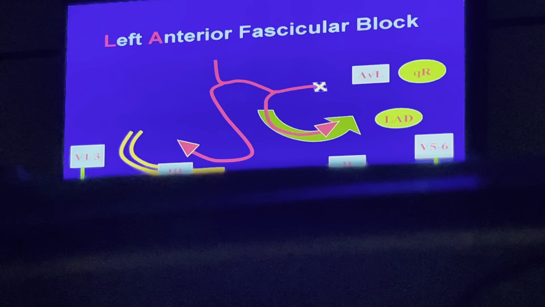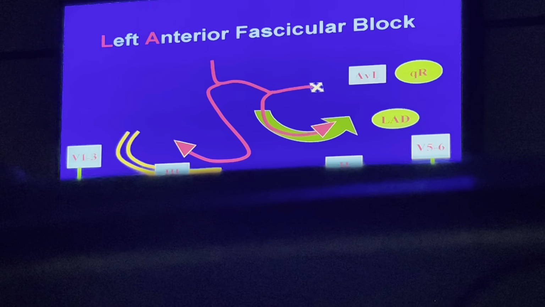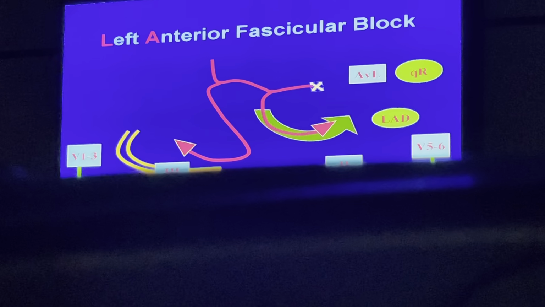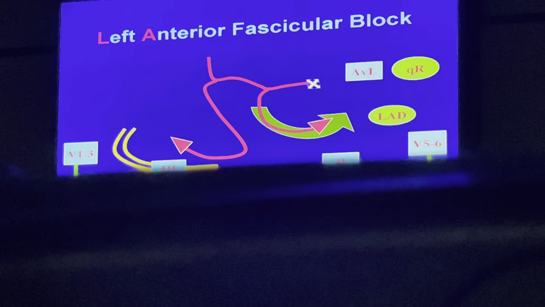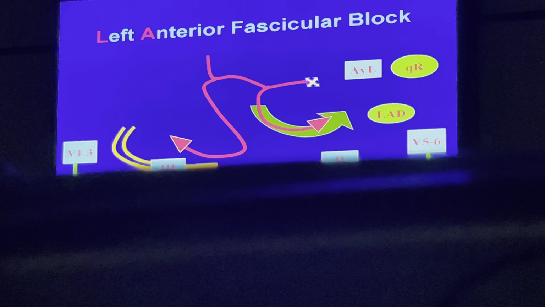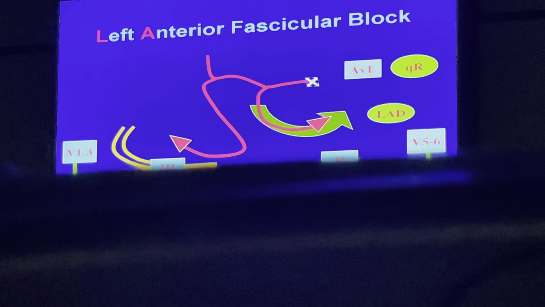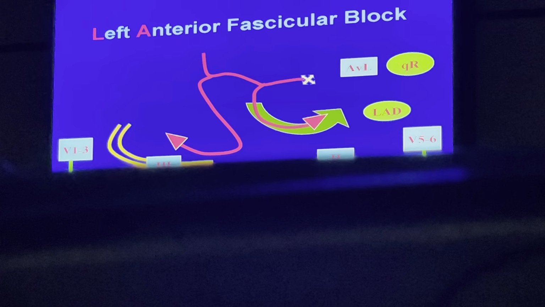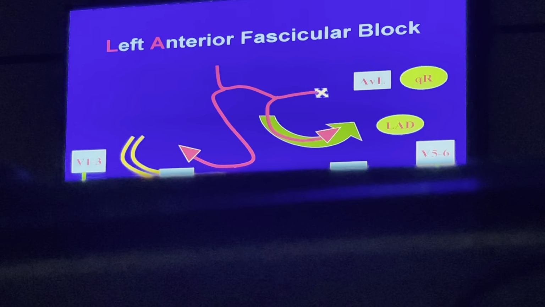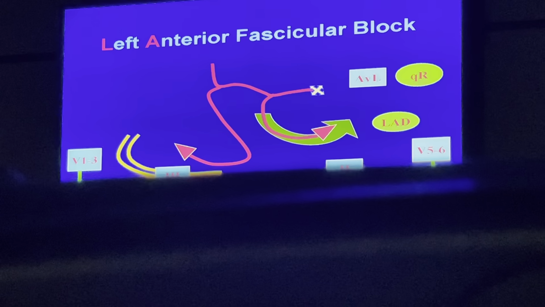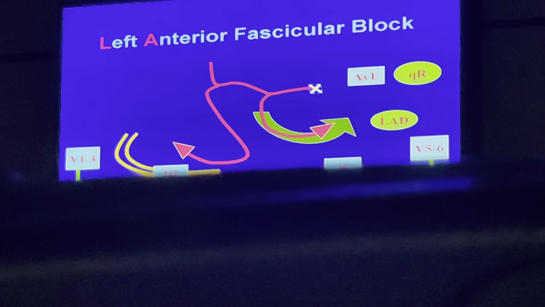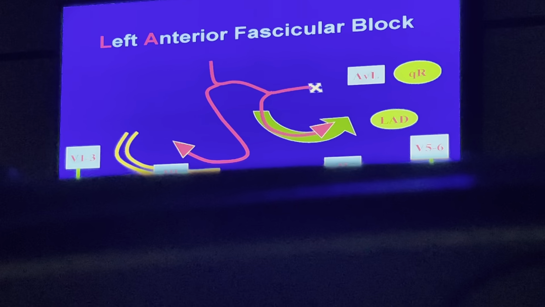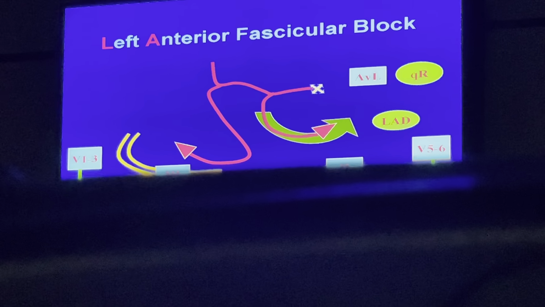When there is fascicular block, this might be due to some ischemic process or maybe due to fibrosis or something else. But left axis deviation can occur without this ischemic process, because in septum primum ASD there is also left axis deviation but not fascicular blocks. So whenever you see the fascicular blocks, then there might be previous or new ischemia.